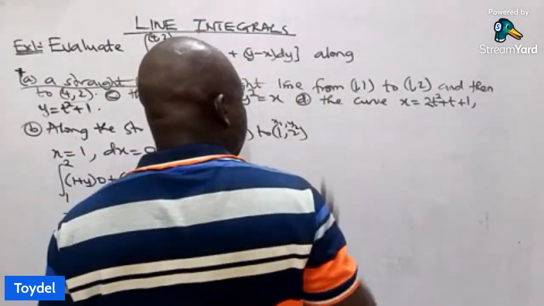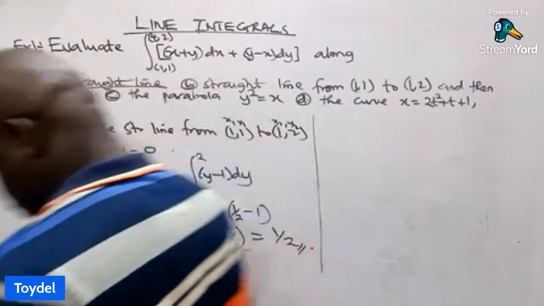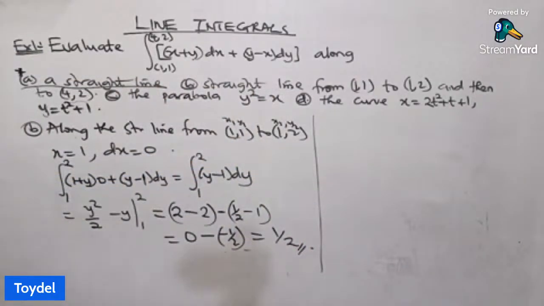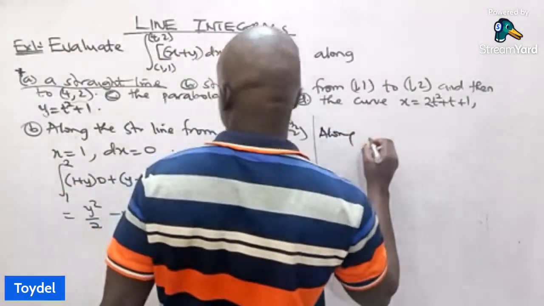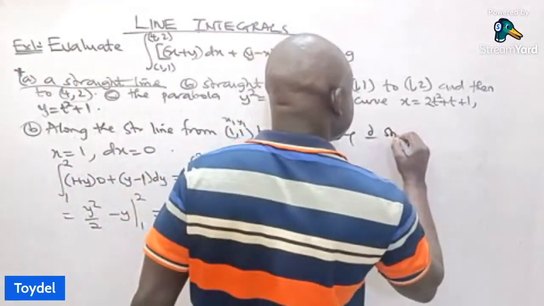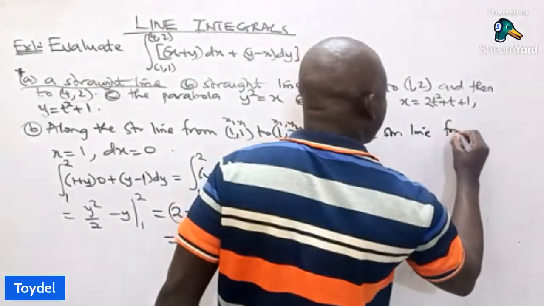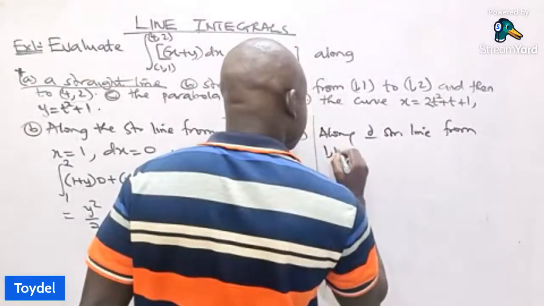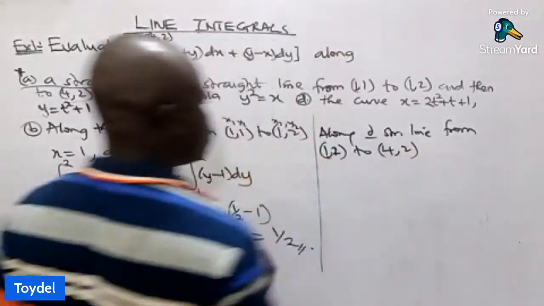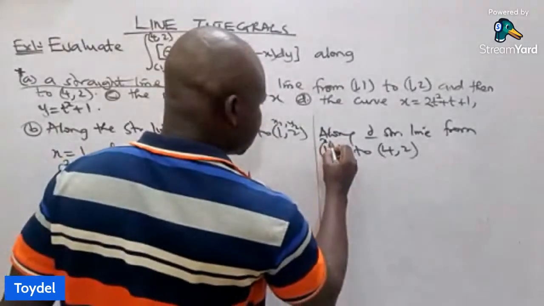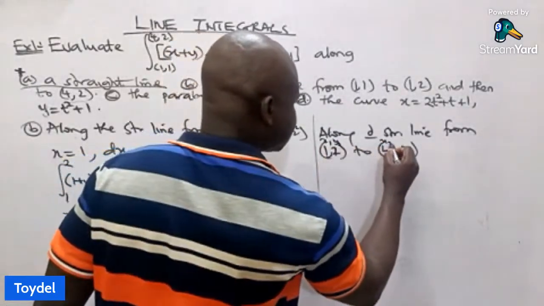So let's now move to the next one, along the straight line from (1,2) to (4,2). In this case, this is the value of x1, y1, x2, y2.